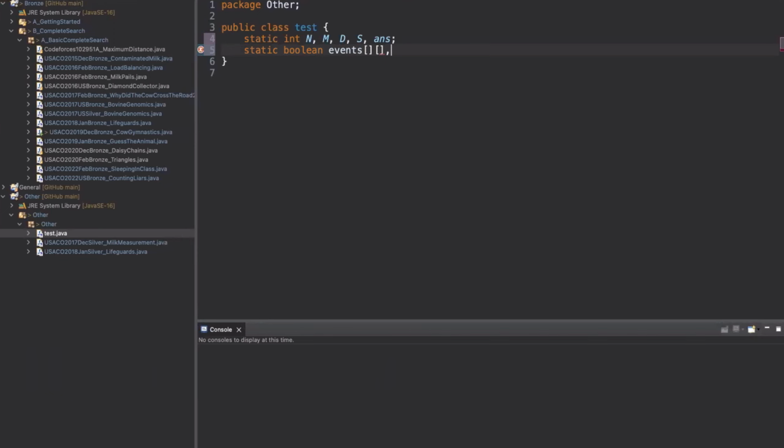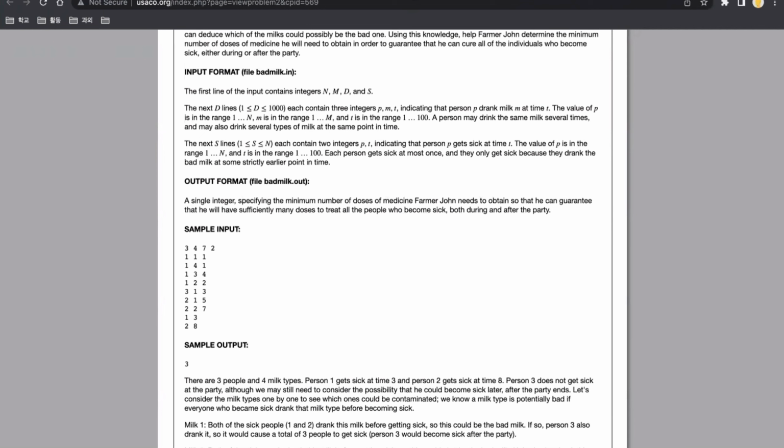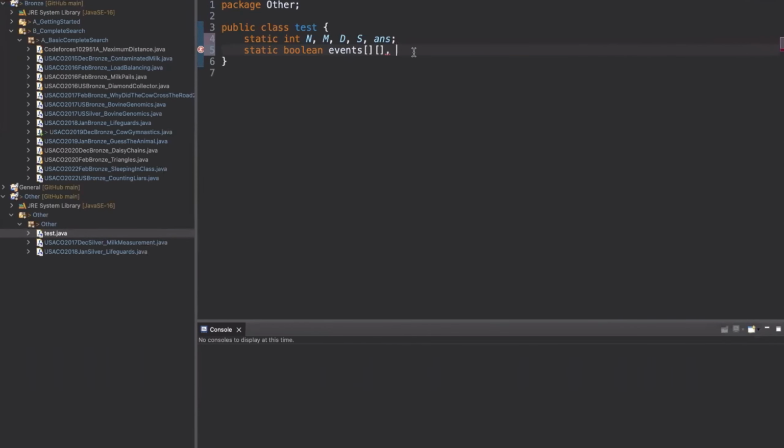And another one also in order to store the list of possibly bad milks. And we're also going to create an array of triplets or triple.